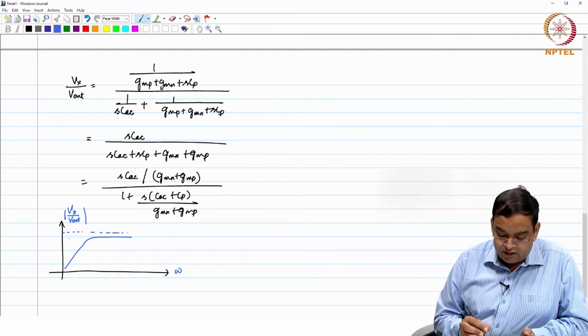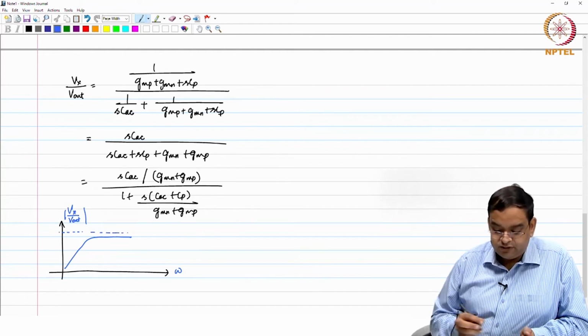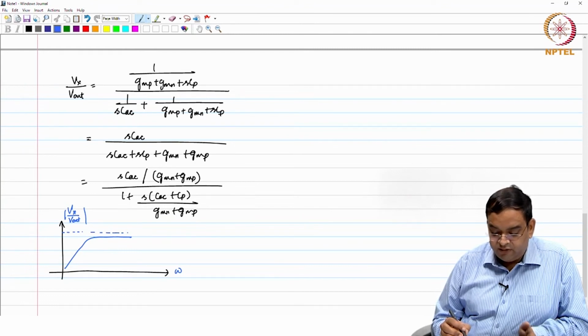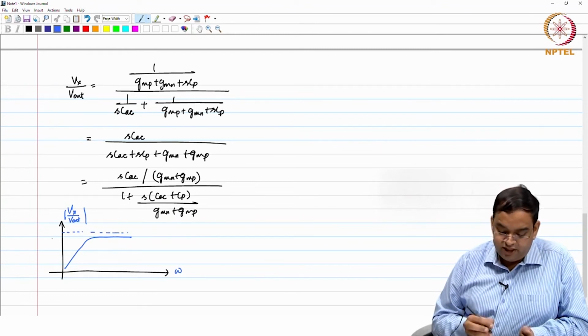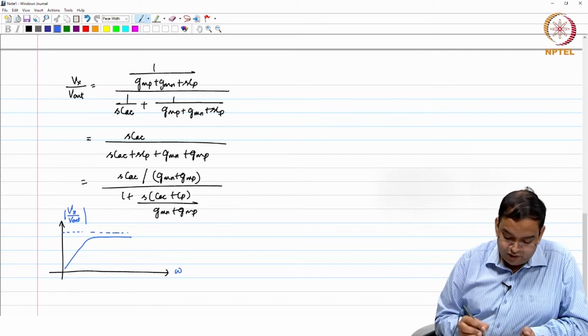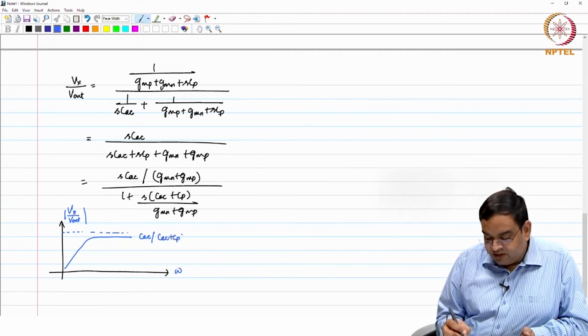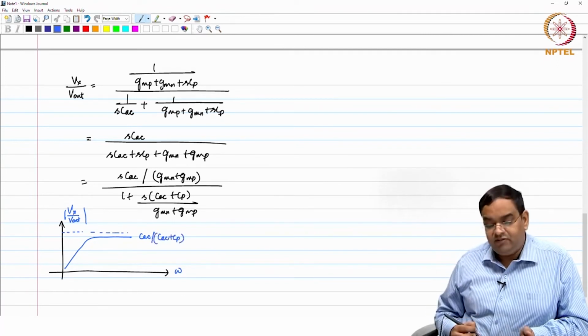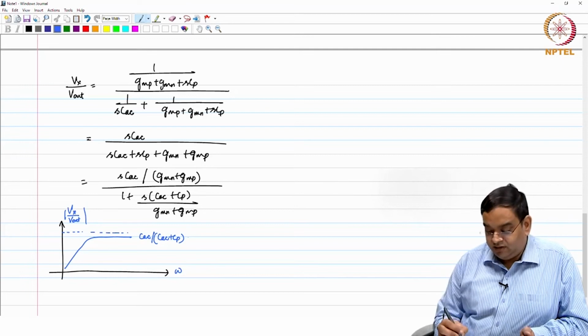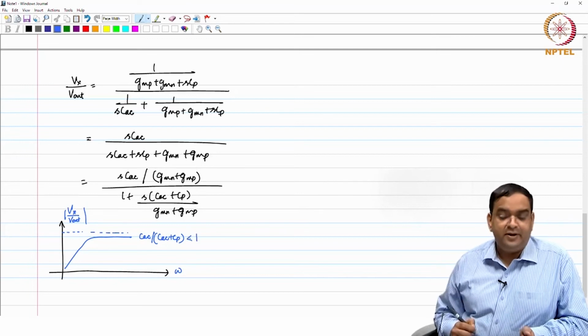We are trying to evaluate at a very high frequency, and that value is CAC divided by CAC plus CP. It just acts like a capacitive divider, and this value is less than 1.